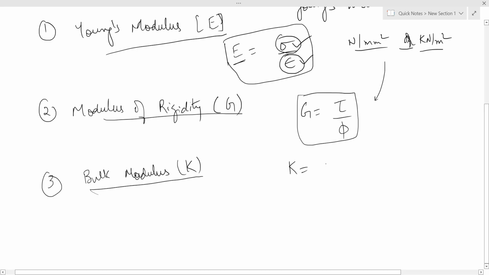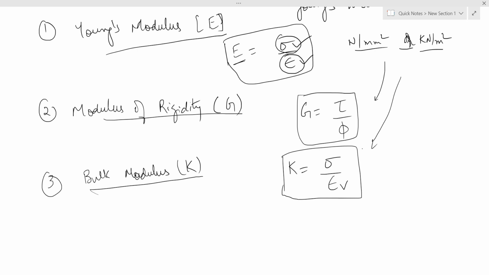K is equal to the ratio of direct stress sigma upon volumetric strain epsilon V under the elastic limit, and it also has the same unit, Newton per meter square, Newton per mm square, kilonewton per meter square as per the condition given in the numerical.